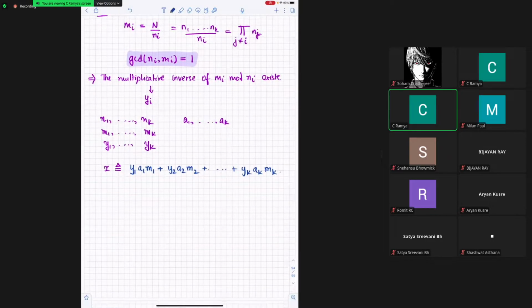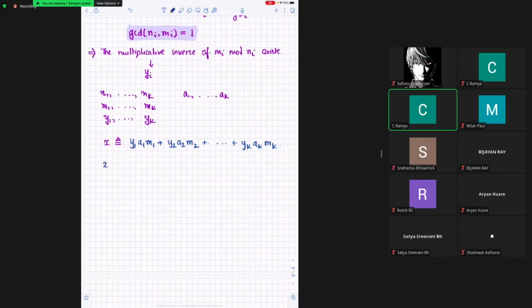So let's try to argue that formally, like whatever I said in English. So x minus y1 a1 m1 plus yk ak mk is exactly equal to 0. And ni divides 0. So this is congruent to 0 mod n. This is another way of writing it. Okay. So now what do I want to argue?